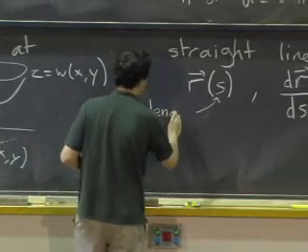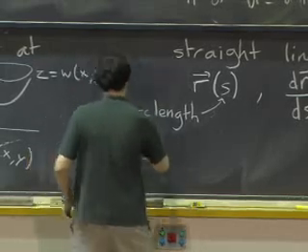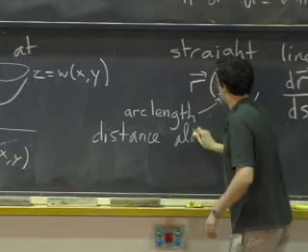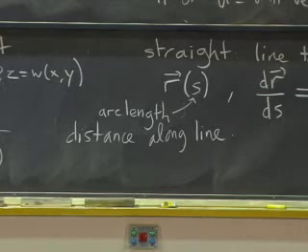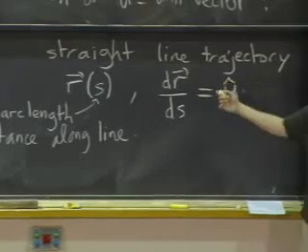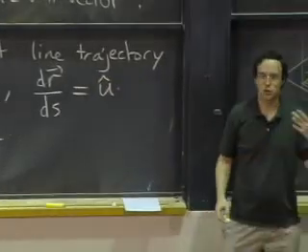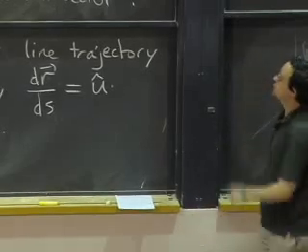Or actually, it's not really an arc because it's a straight line. So it's the distance along the line. Okay, so because we are parameterizing by distance, we're just using s as a convention, just to distinguish this from other situations.